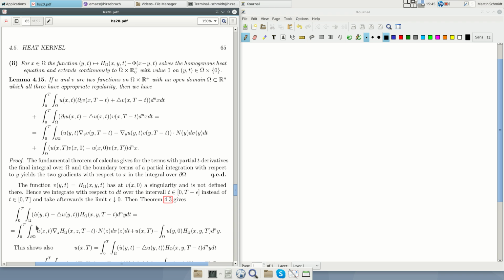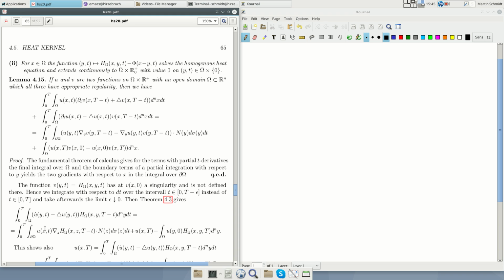If we insert this, then clearly, since v solves the homogeneous heat equation, this term here vanishes, and this term here we have written here. The first integral vanishes, and the second integral we have written here, and then we have these boundary terms.